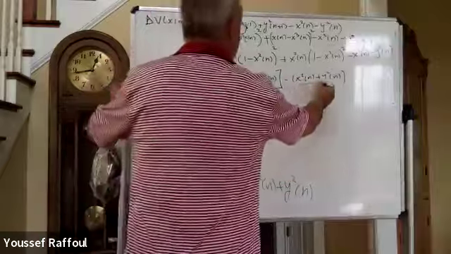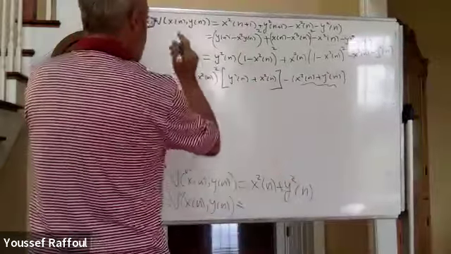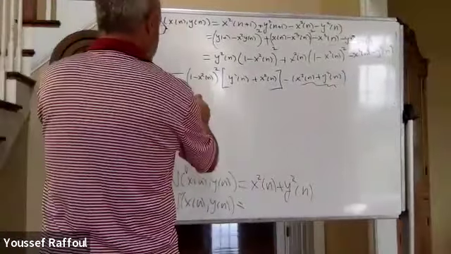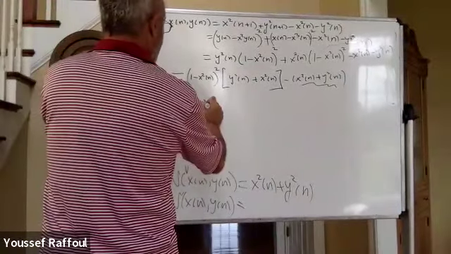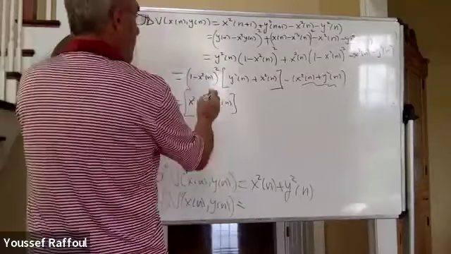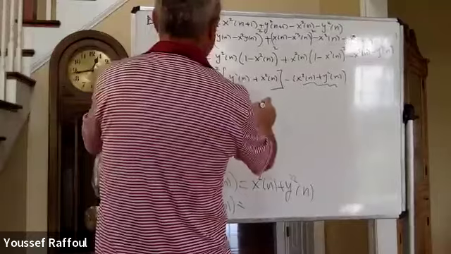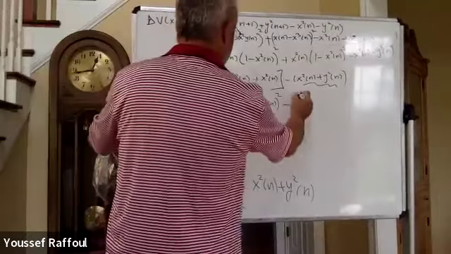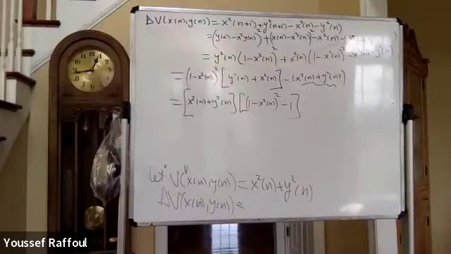Now factor this out. So if I factor x squared of n plus y squared of n, now I got (1 minus x squared of n) squared minus 1. You see that?